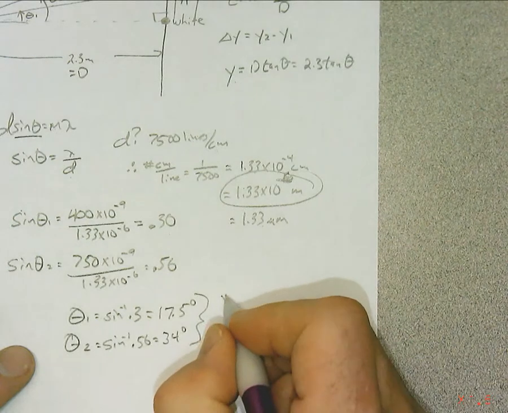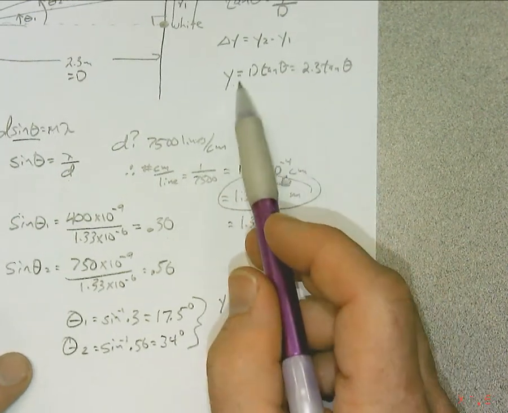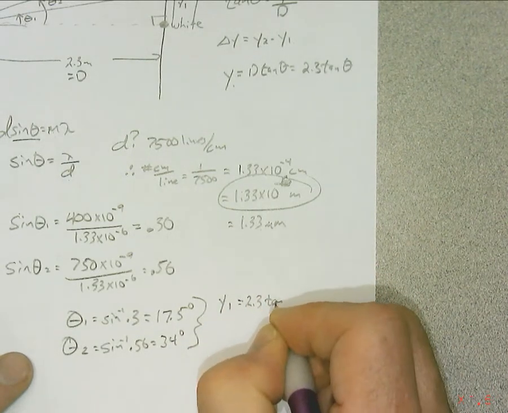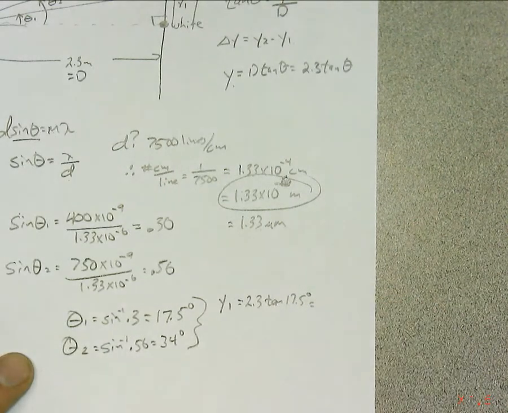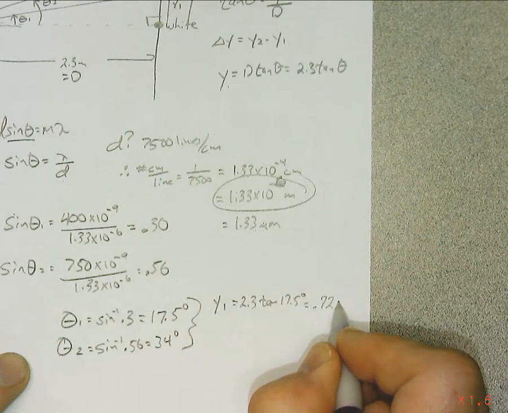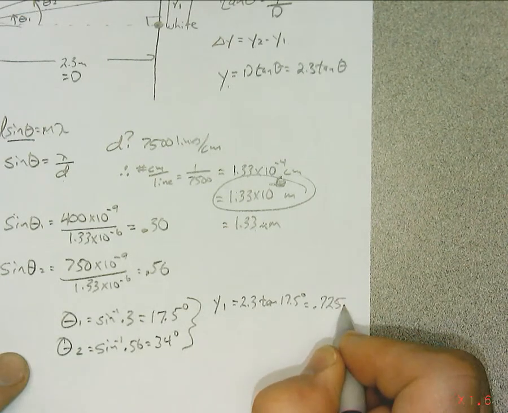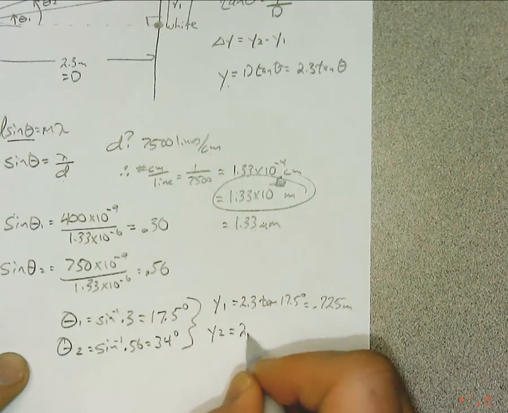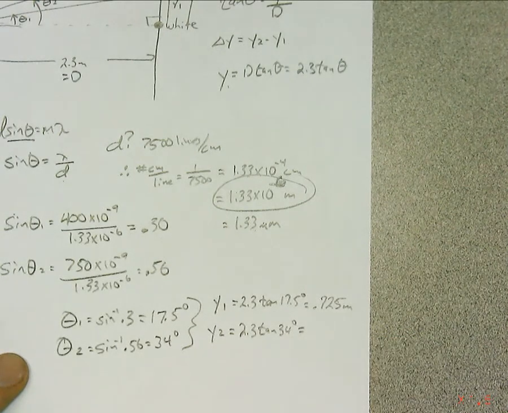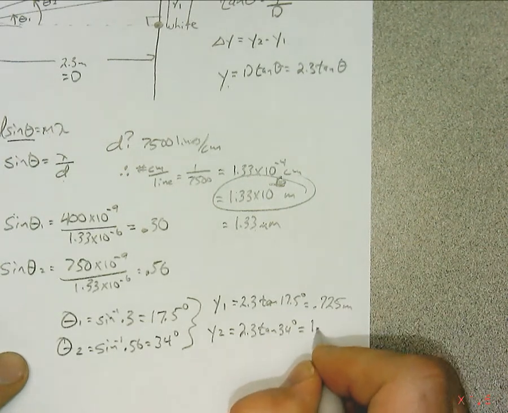Going back to this again, y1 is equal to 2.3 tangent of 17.5 degrees, which is 0.725 meters. y2 is equal to 2.3 tangent of 34 degrees, which is 1.55 meters.